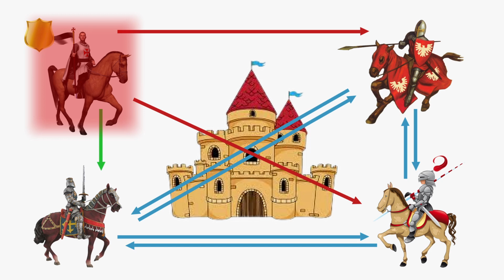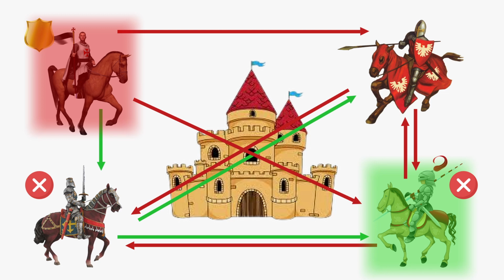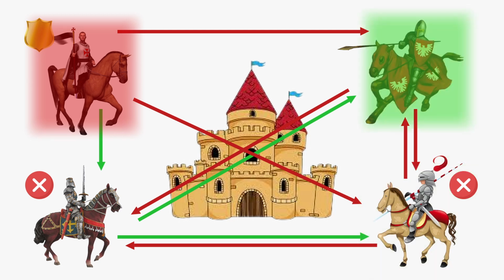Now like previously, those 3 generals will communicate with each other. And it will be like this. The red arrow denotes the retreat command and the green arrow denotes the attack command. So this general got 2 retreat and 1 attack messages. So he would go for retreat. Similarly, this general also receives 2 retreat and 1 attack message. So he will also go for retreat. And this 3rd general also got 2 retreat and 1 attack message.